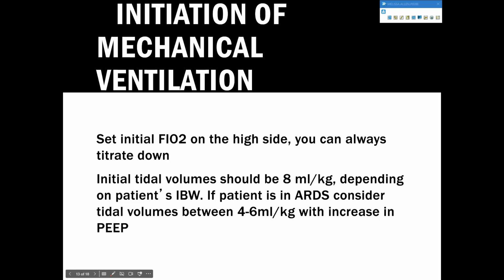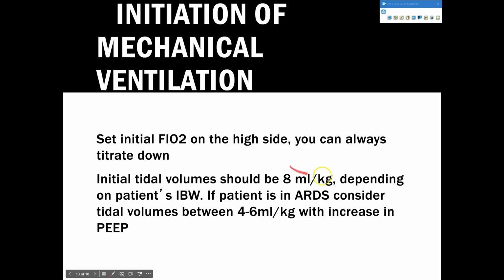So if he's still 100%, then you can start weaning down and go to 60. And then at that point, start going down by fives, go down to 55, 50. As soon as you hit 99, not 100, stop. And then you get your gas. If it's a patient that you think has no lung disease, that'll be a good way to do it, because then you really know that that's a good FiO2 for that patient.